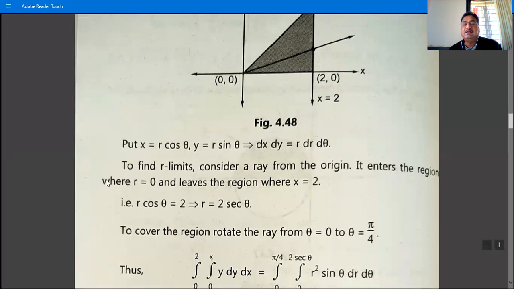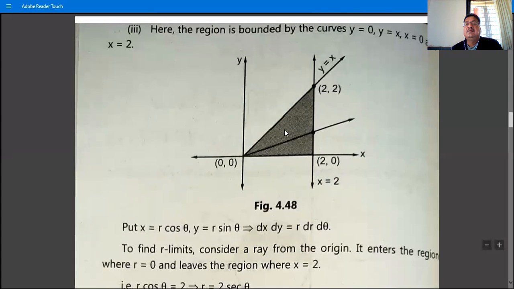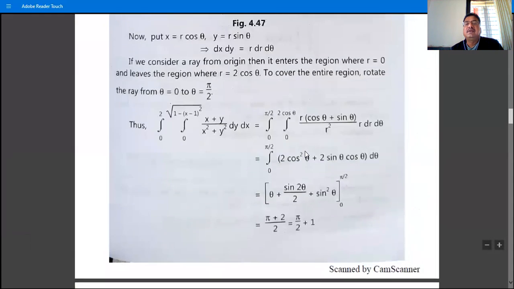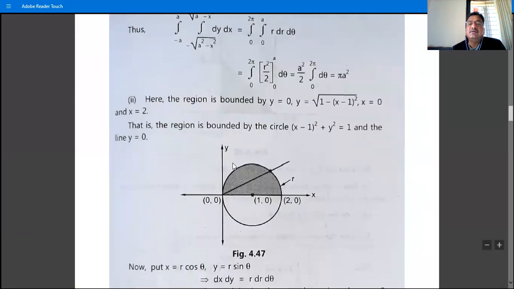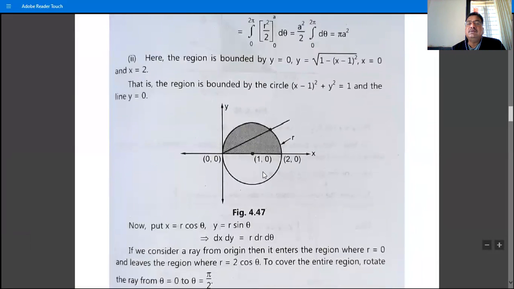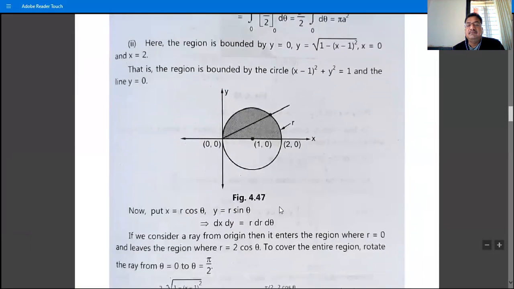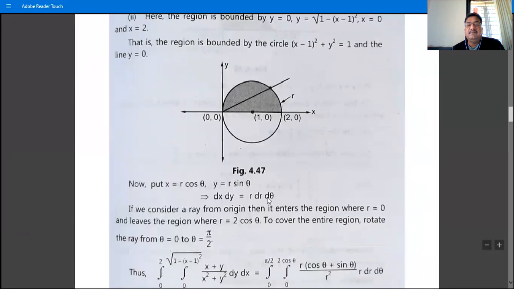The limit of r: it enters where r is 0 and leaves the region where x is 2. At this line, x is 2. On this circle, x is what?